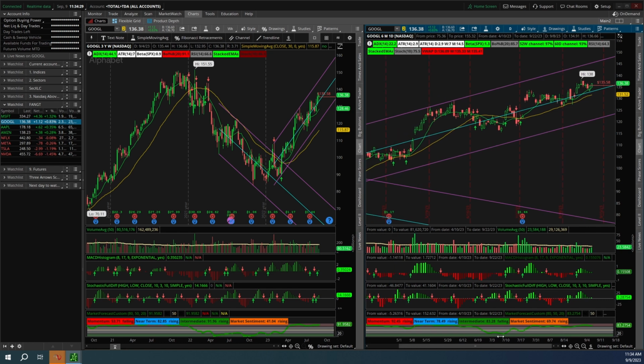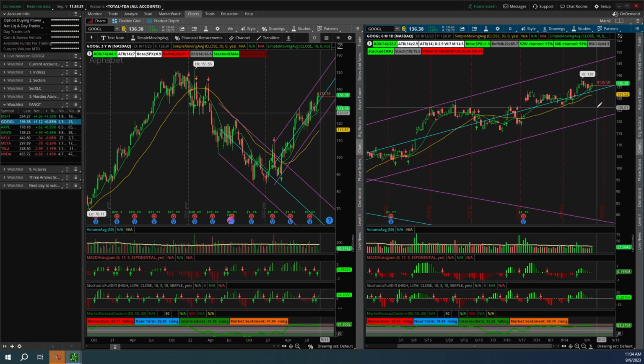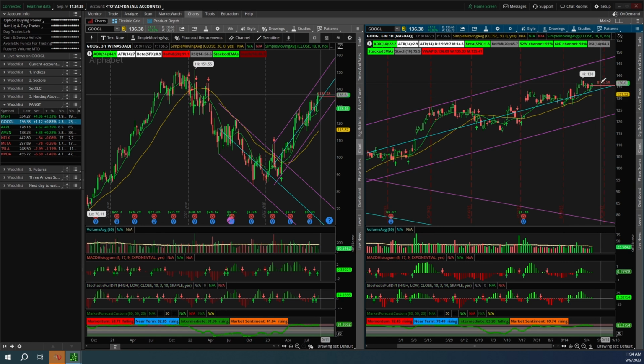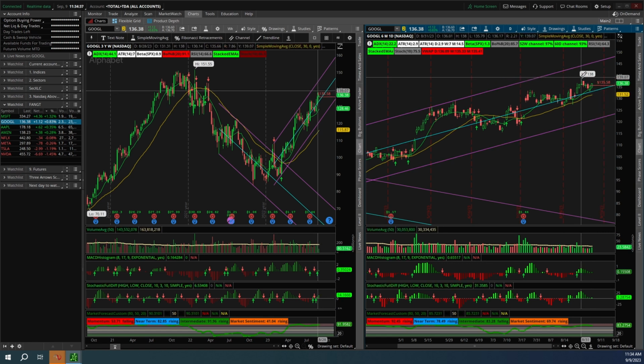Now Google broke this Friday this 135.58 level, so it moved and broke or resumed the upside in this bull flag. We do have the intermediate line falling, but we do have momentum positive still.